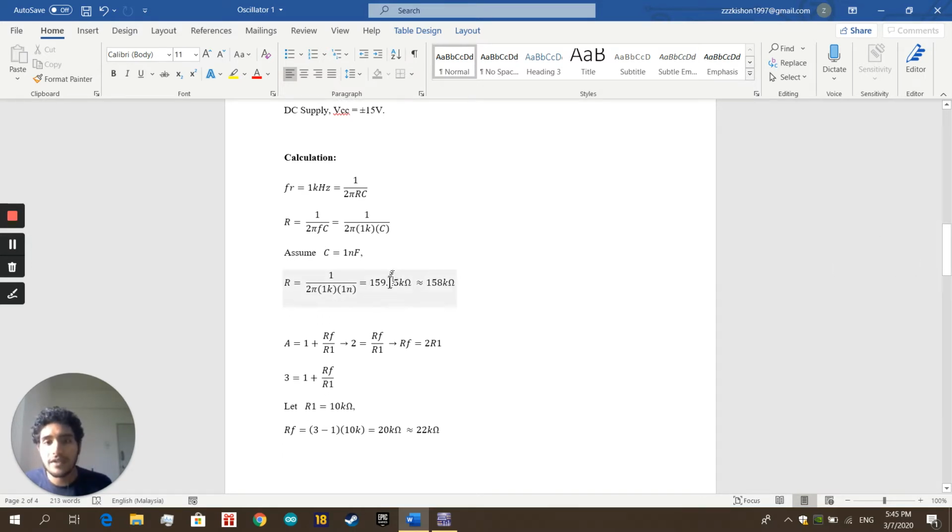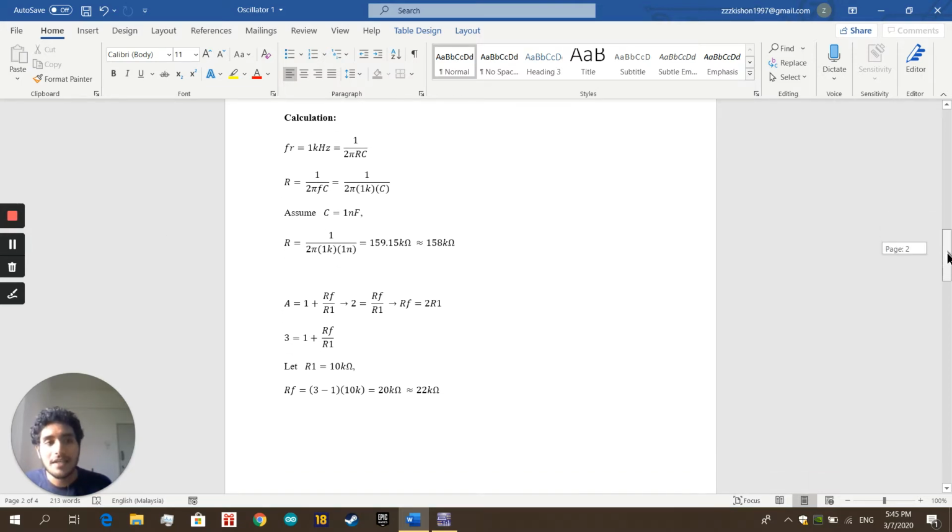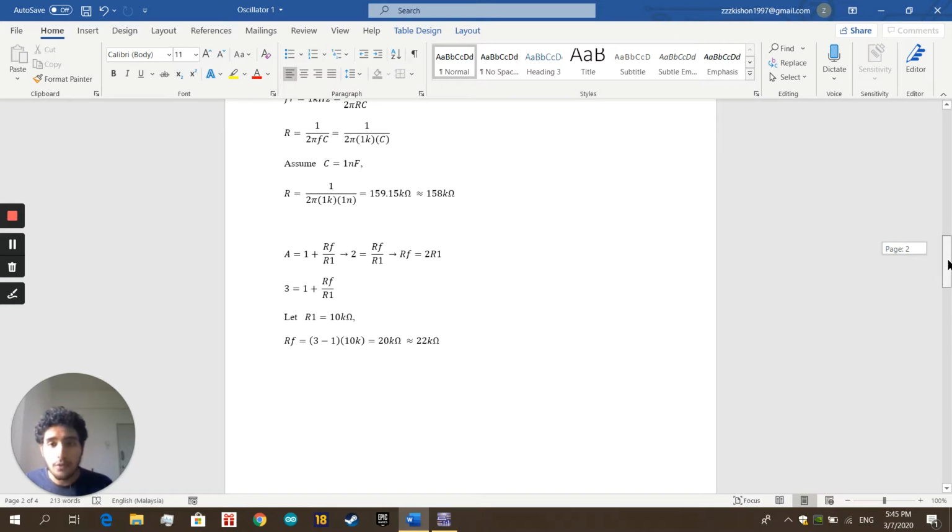First I need to find the resistance value. I assume the capacitor value as 1 nanofarad. By using this formula, I computed and obtained the resistance value as 158 kilohertz. Sorry, 158 kilo ohms.